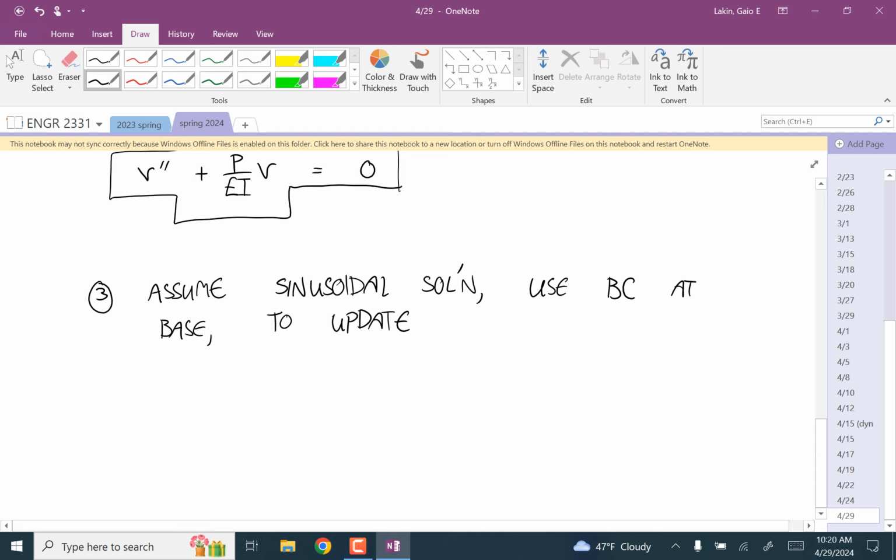Okay, so we're going to assume that this deflection has the form C1 times cosine of, and this is really the same exact logic as the oscillator. What do we want the argument for these sinusoidal functions to be? Square root of P over EI. Yep. It's x, not t in this case, and then plus C2 times the sine with the same argument.